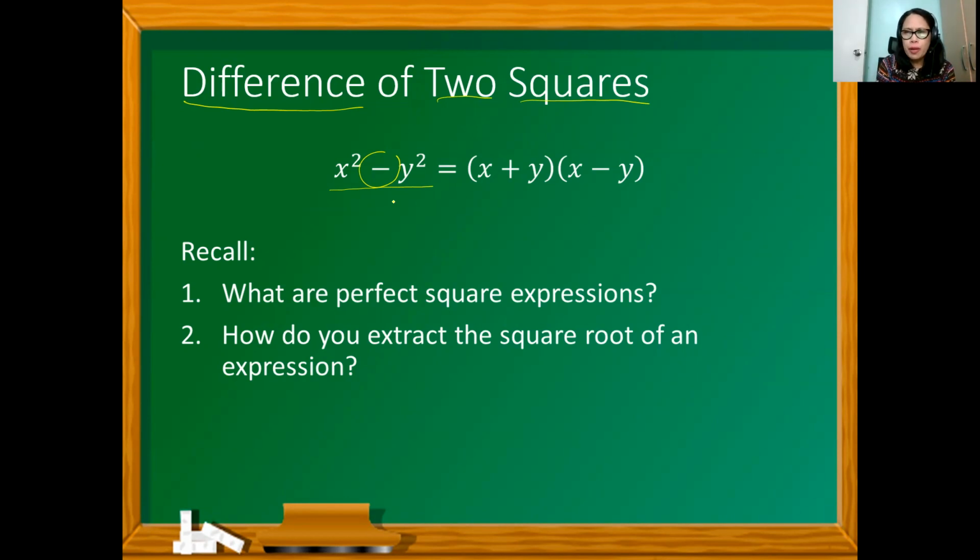If we raise these expressions to the second power, the result will definitely be perfect square expressions. So 1, 4, 9, 16, and 25 are perfect square expressions.